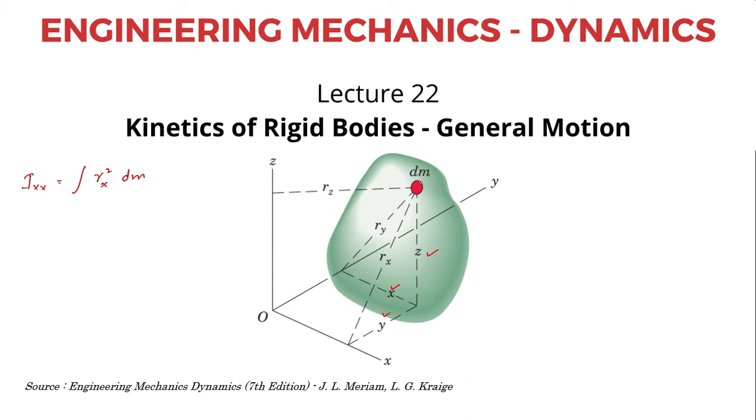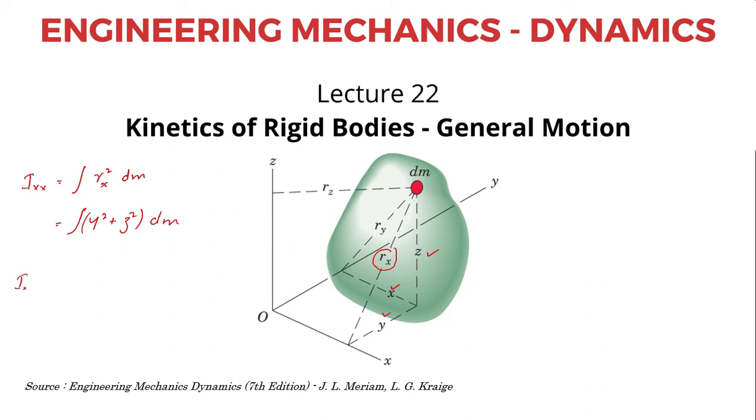If this is the mass dm, its distance from the x-axis is r_x. Now this r_x can be written in terms of y and z, so this will be equal to integral y square plus z square into dm.